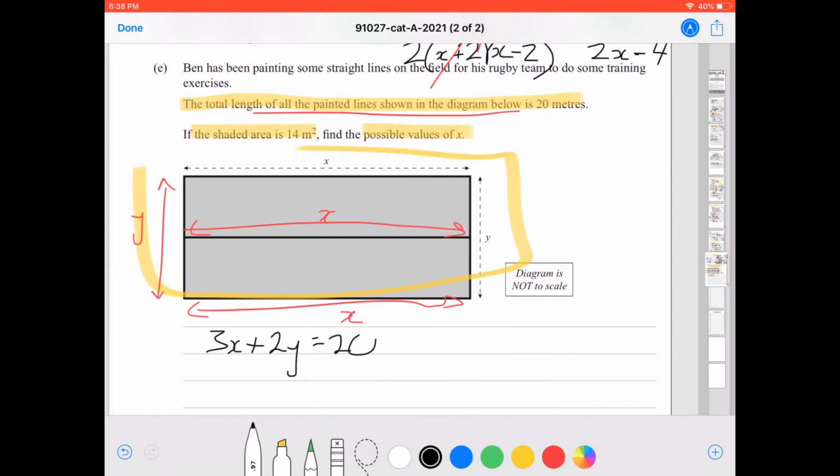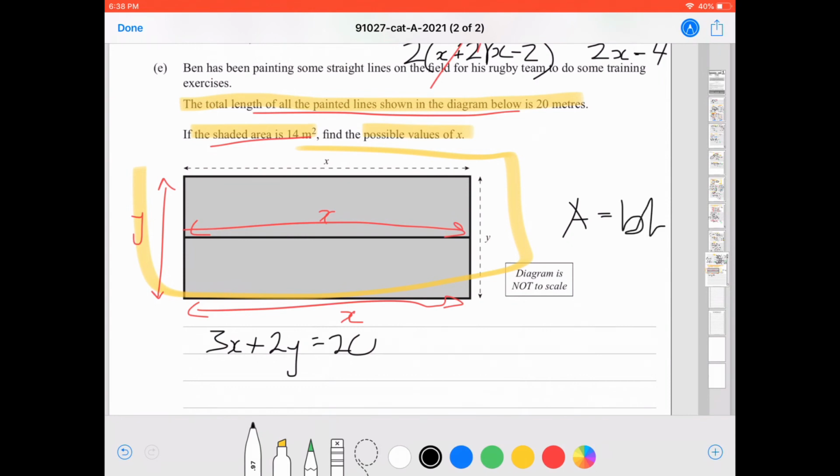And now let's look at our area statement. If the shaded area is 14, okay, we can actually establish an equation for the area of this shape. Area is base times height.